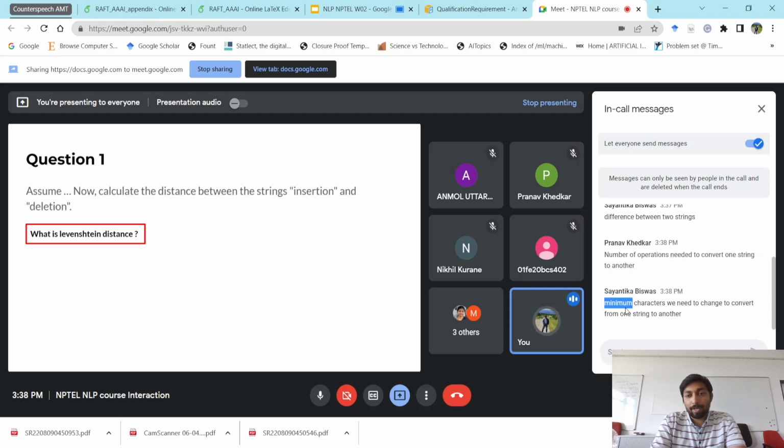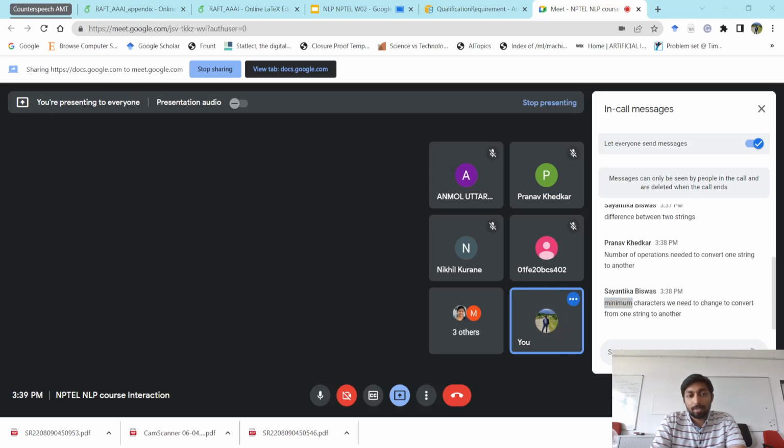Minimum characters we need to change to convert from one string to another. Yes, this is also close. Minimum characters we need to change, but anyone else?